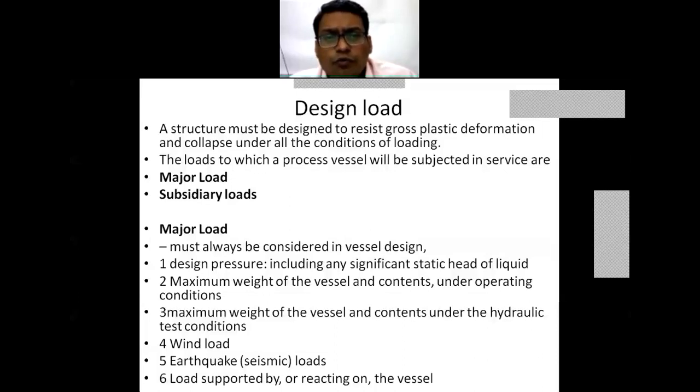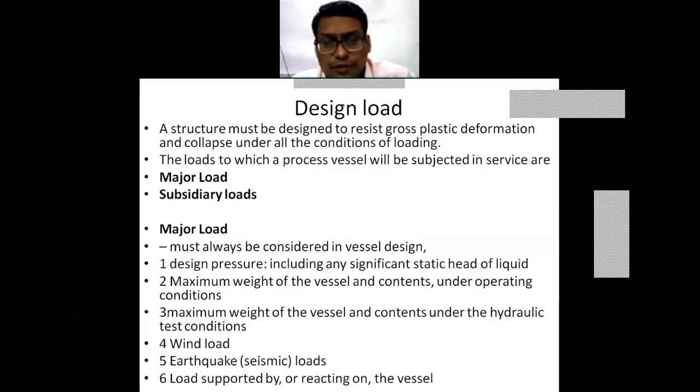There are two different types of load: one is the major load and the second is the subsidiary load. Major load must always be considered in the vessel design. This is a must. And subsidiary load can be taken into consideration.